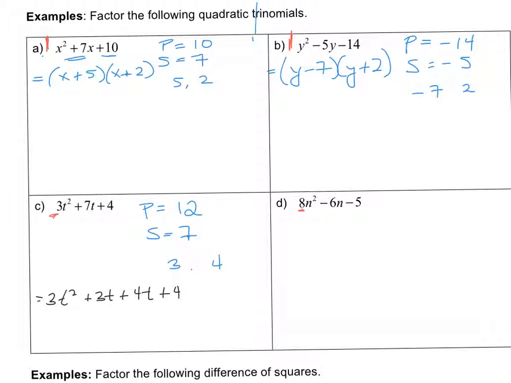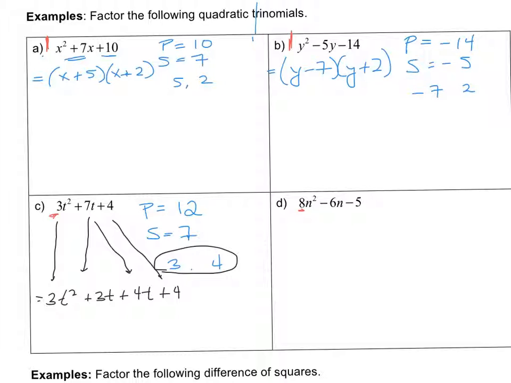Now, where did I get these numbers from? The 3t squared came from here. The 7t I split into 3t and 4t. Where did I get those numbers from? I just got them from here. And then the last number, the plus 4. So decomposing means splitting. That's how I split the middle term.